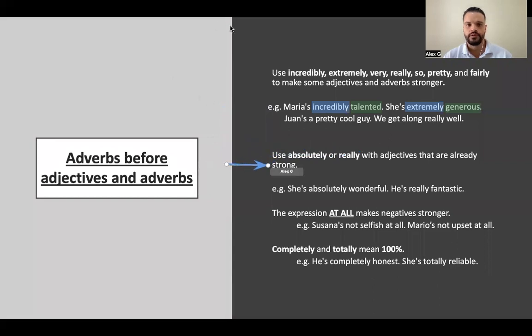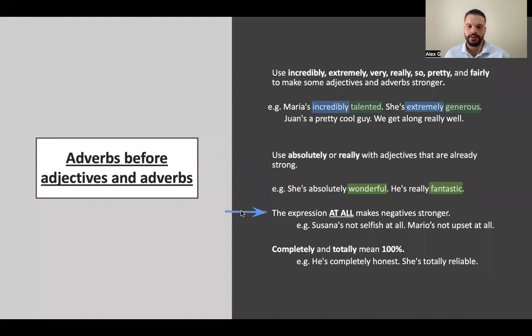An example of an already strong adjective could be wonderful or fantastic. So for adjectives that are already strong, we want to use absolutely or really. For example, she's absolutely wonderful. He's really fantastic.